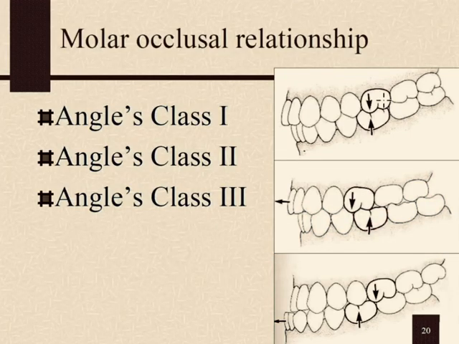The mesiobuccal cusp of the maxillary first molar should occlude with the buccal groove between the mesiobuccal and distobuccal cusps of the mandibular first molar. This is the normal class 1 relationship.